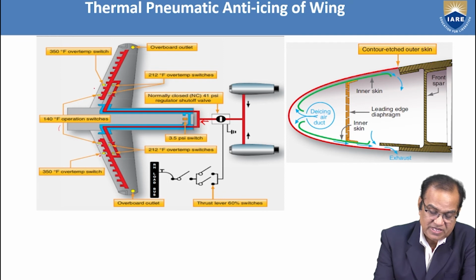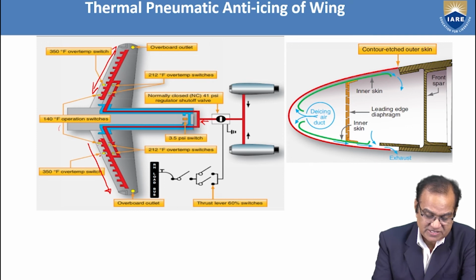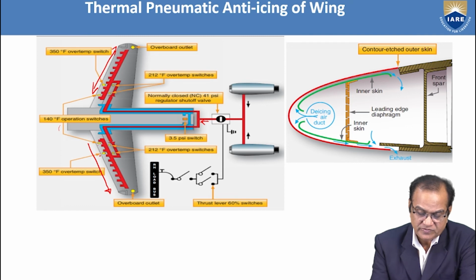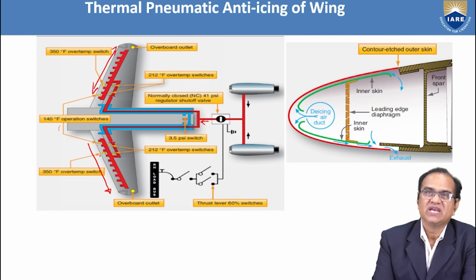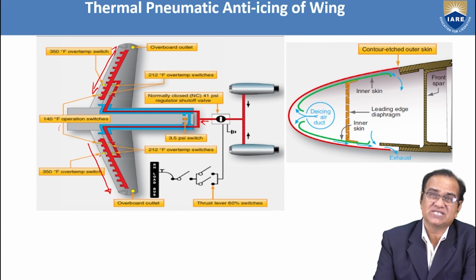These are the higher temperature ones from here to here, and these are the lower temperature switches. Here we have the overboard outlet. Here we have the 212 degree Fahrenheit temperature switches. So there are different ranges of switches: 350, 212 and 140 degree Fahrenheit.